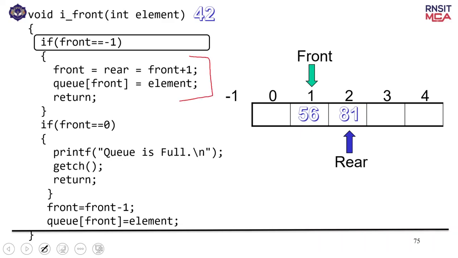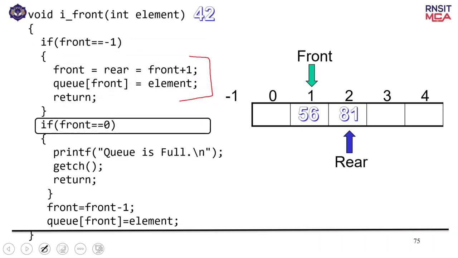Now the queue is not empty. And when front is equal to 0, it means the queue is full on the left, so insertion is not possible. If front is pointing to 0, there is no element to the left of the front, so front cannot move left. It will say Q is full and it will return.